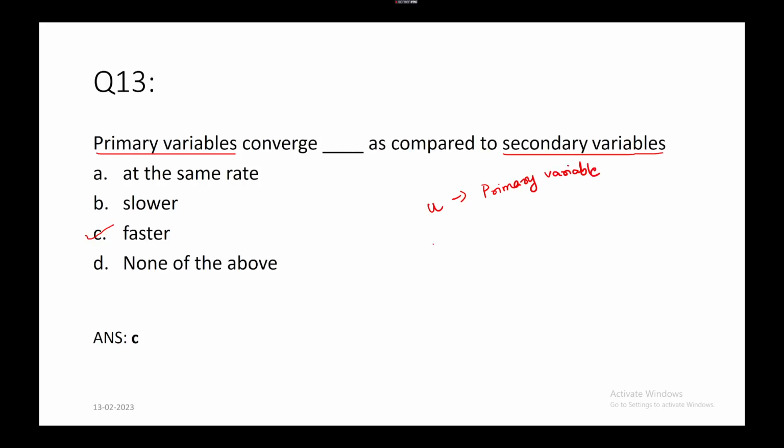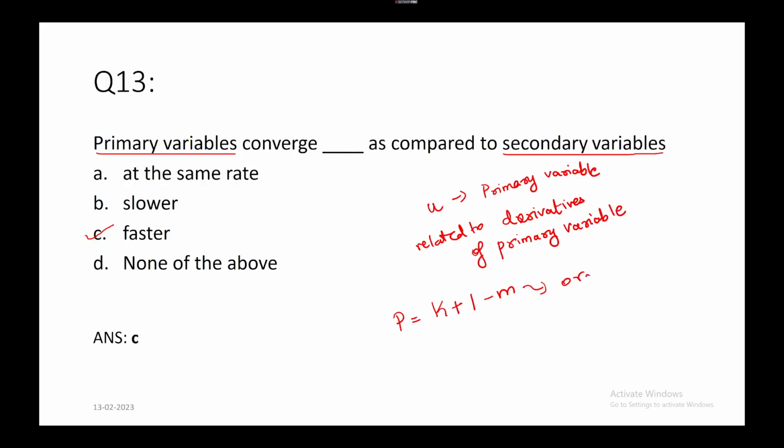Secondary variable is related to the derivatives of the primary variable. So we saw that P is equal to k plus 1 minus m. So this is related to the order, right?